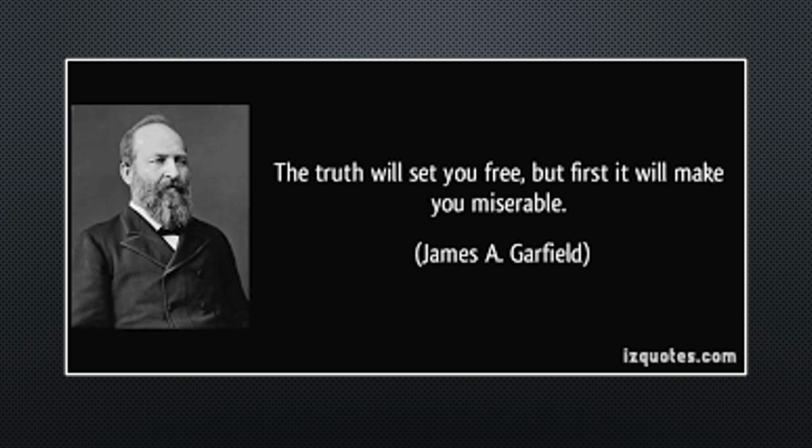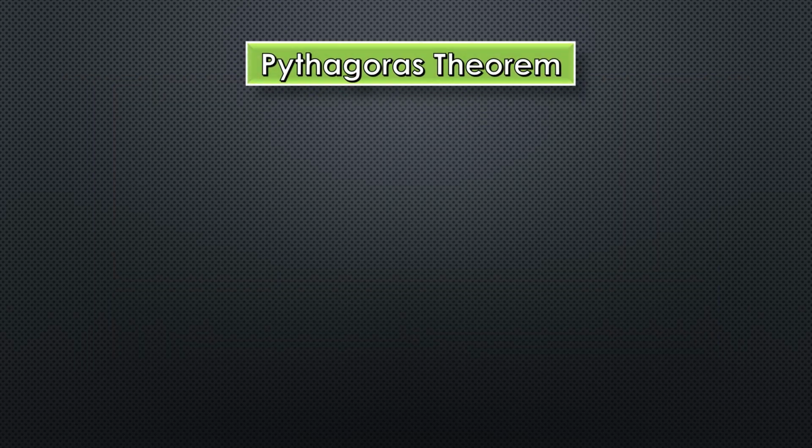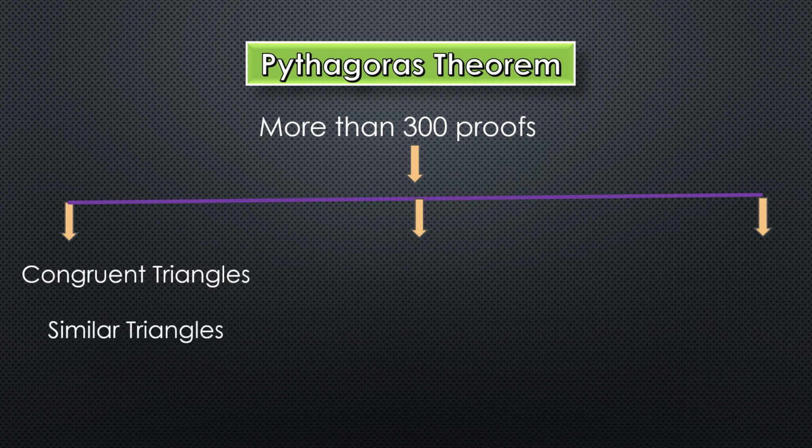Now, to tell you something about Pythagoras theorem, there are more than 300 varieties of proofs. Friends, these proofs can be broadly classified into 3 categories. Category number 1 is using the concepts of congruent triangles or similar triangles, or sometimes both.